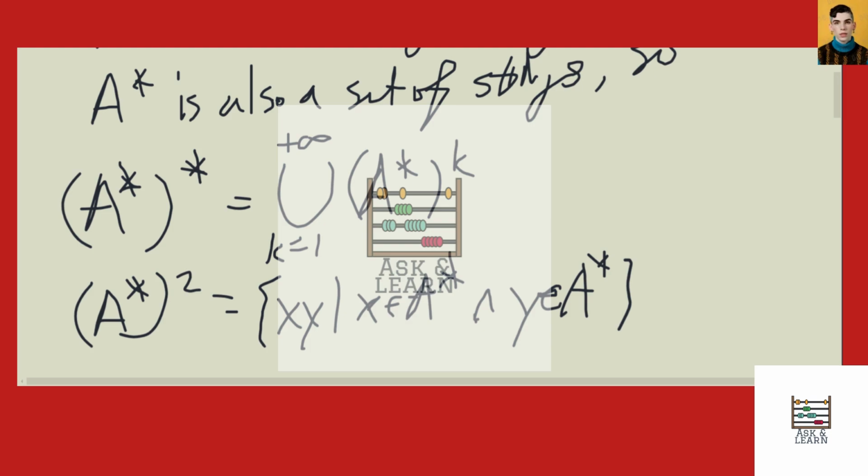Now, A star contains the concatenation of any amount of strings in A. And so it follows that A star will also contain xy when x is in A star and y is in A star. So it follows that this set is equal to A star itself.